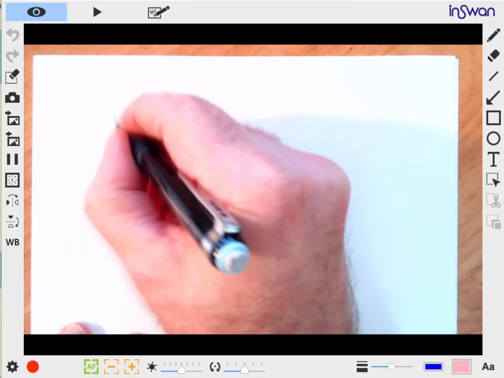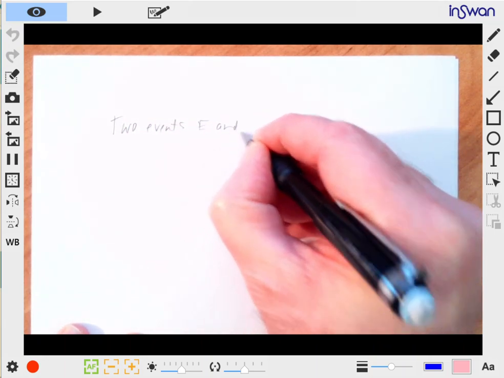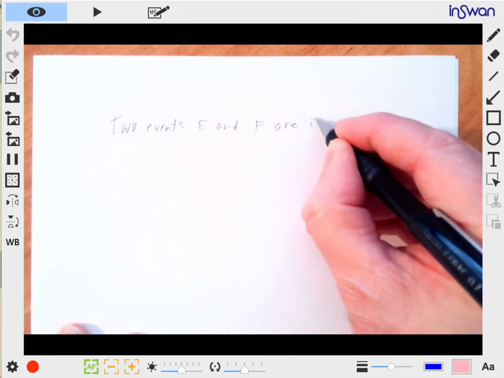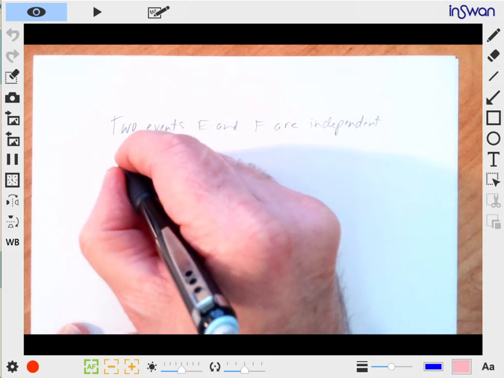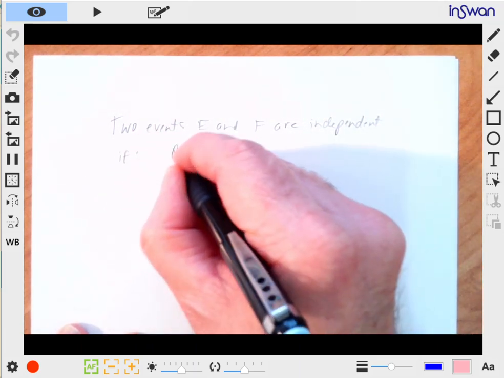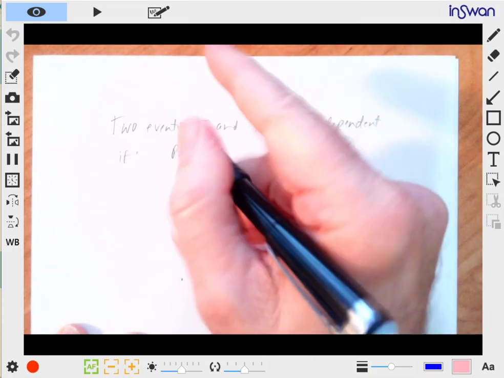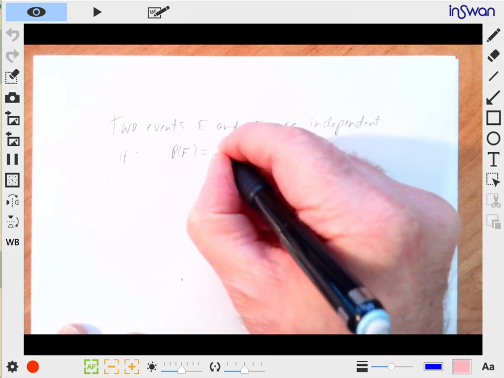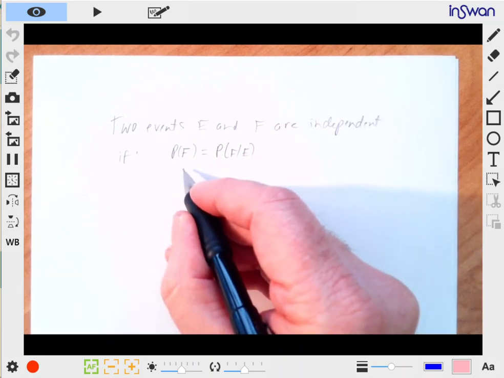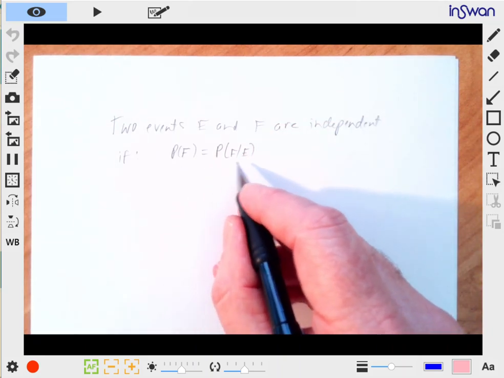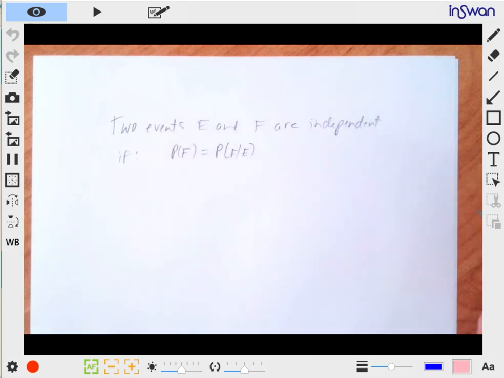So 2 events, E and F, are independent if P of F is equal to the probability of F given E. So the probability of F is equal to the probability of F given E. Basically what that's saying is E doesn't affect the probability of F. That's what makes them independent.